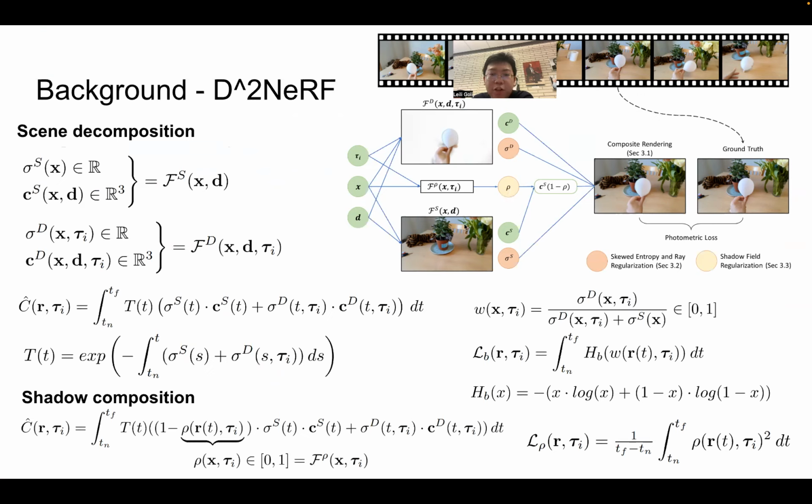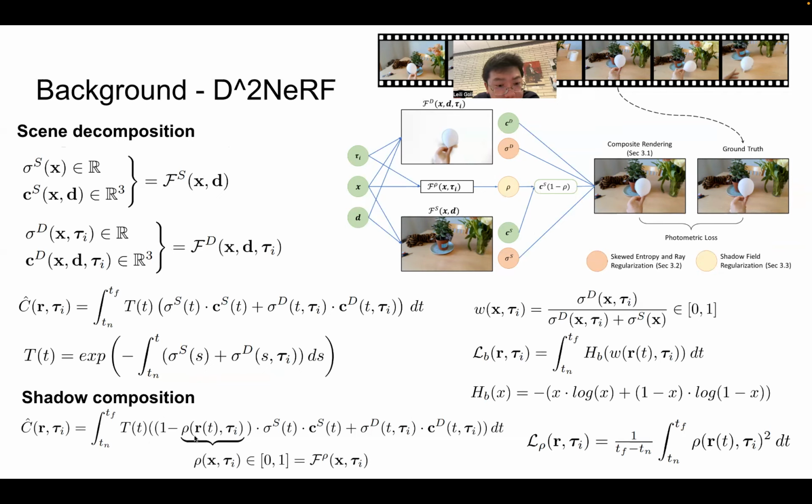So given the features from the dynamic things, you have another head that predicts the values for each point. For each X you have this rho, and then you will combine this. So you multiply this coefficient with the color of the static, and you sum it with the dynamic color. So this is how they decompose.